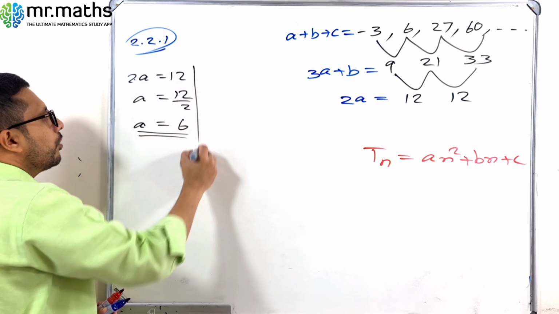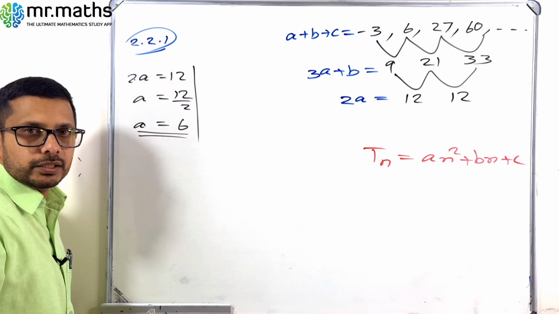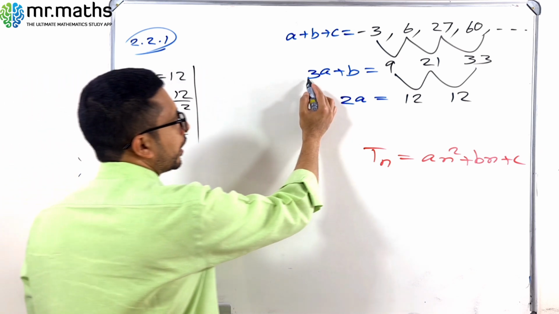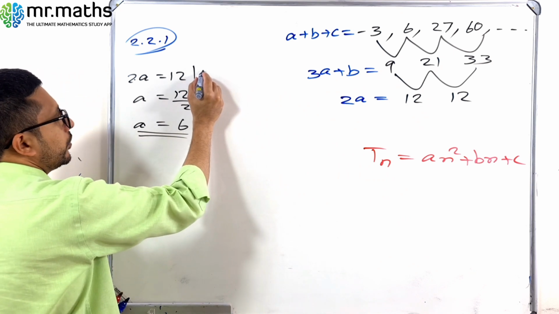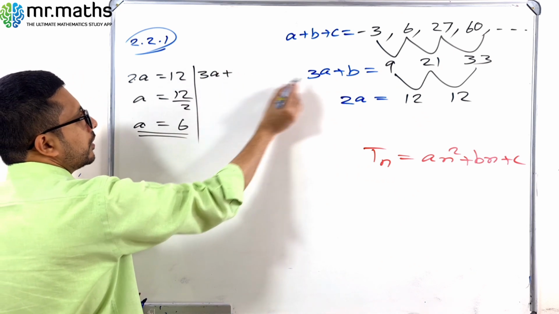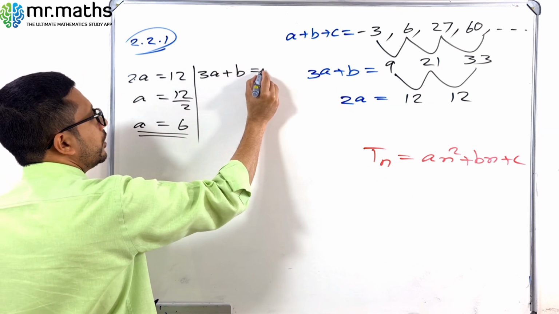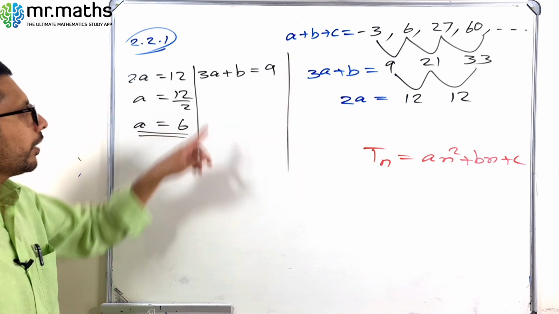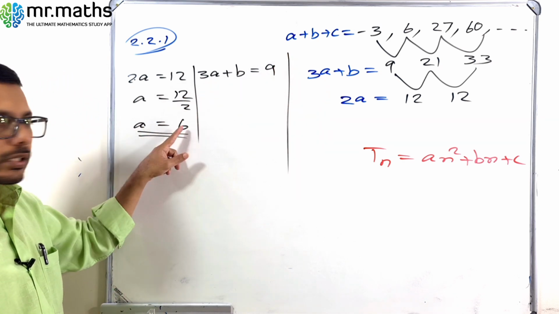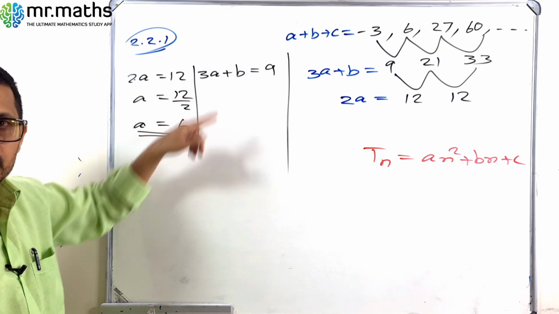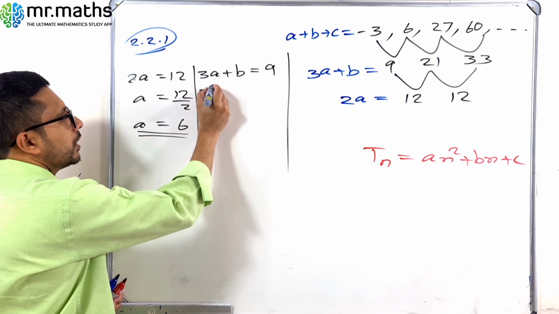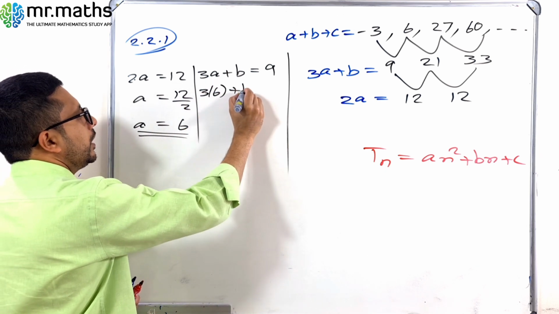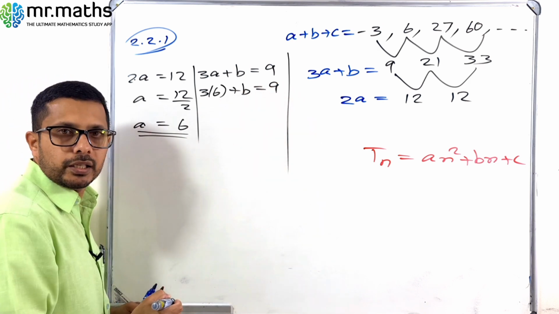Now we have to find the value of b. Am I right? So for that we can take this equation: 3a plus b is equal to 9. What is the value of a? We got a as 6, so we can substitute here. So it is 3 times 6 plus b, and that is 9.